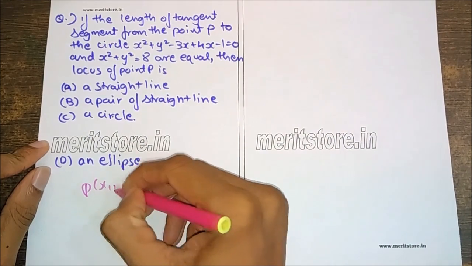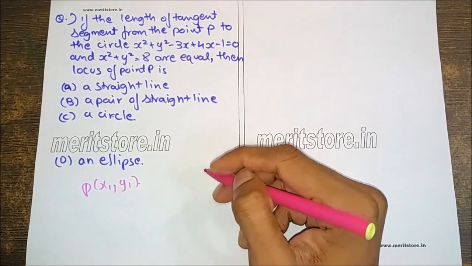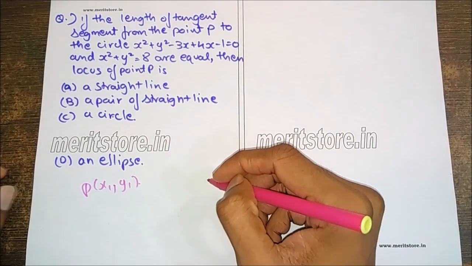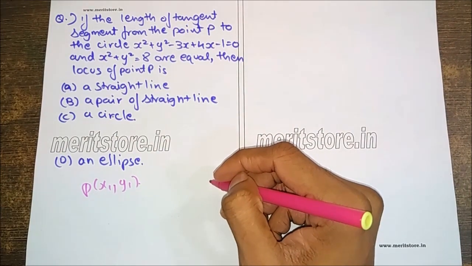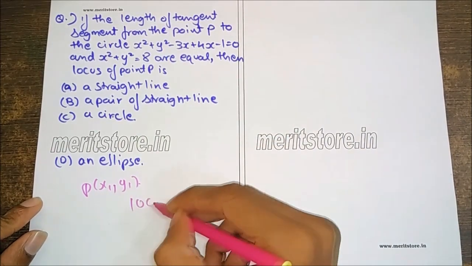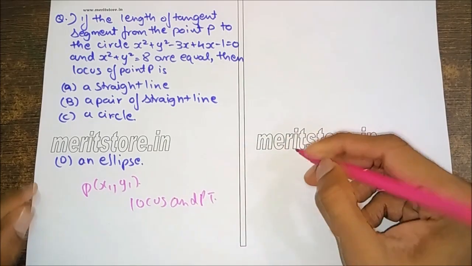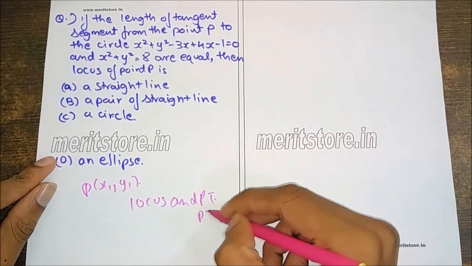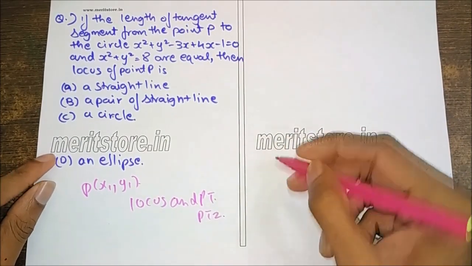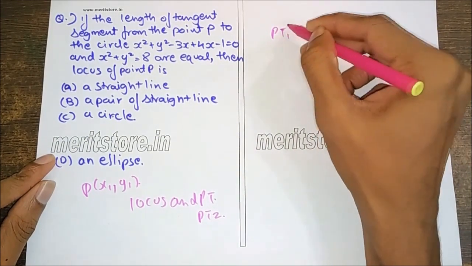Let P(x1, y1) be a point on the locus, and PT1 and PT2 are the lengths of the tangent. Therefore, PT1 equals PT2.